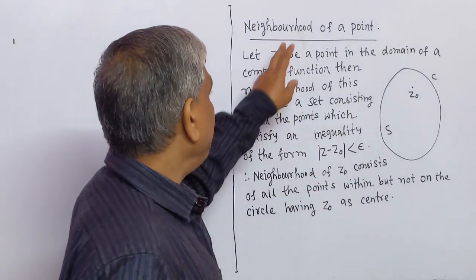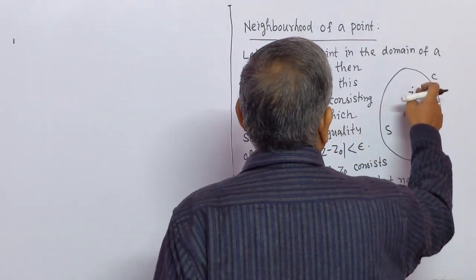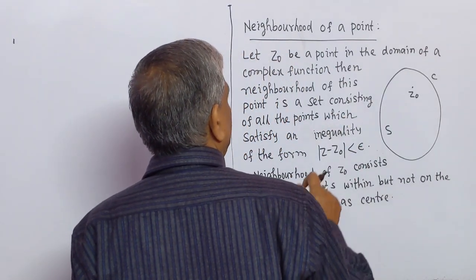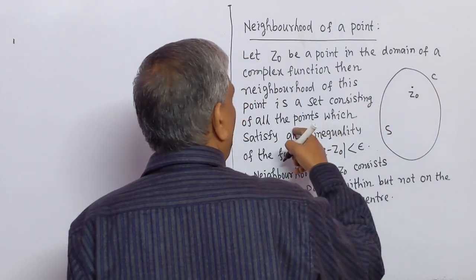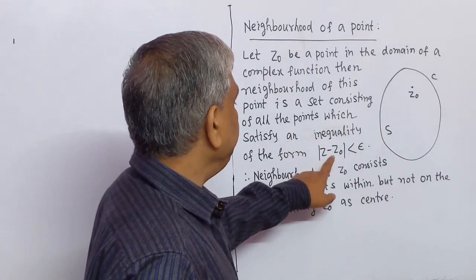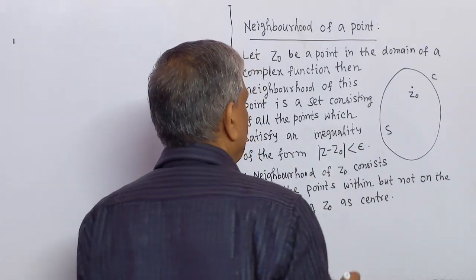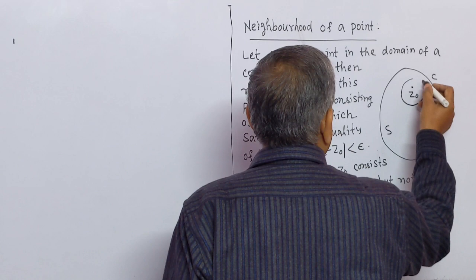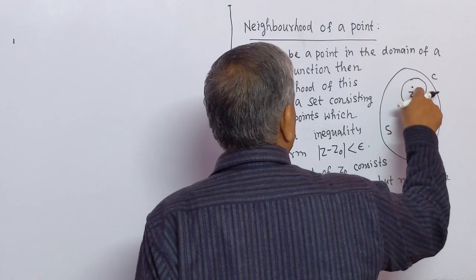Now we define the neighborhood of a point. Let Z naught be a point in the domain of a complex function, then the neighborhood of this point is a set consisting of all points which satisfy the inequality modulus of Z minus Z naught less than epsilon. This represents the points inside the circle with radius epsilon and Z naught as center.